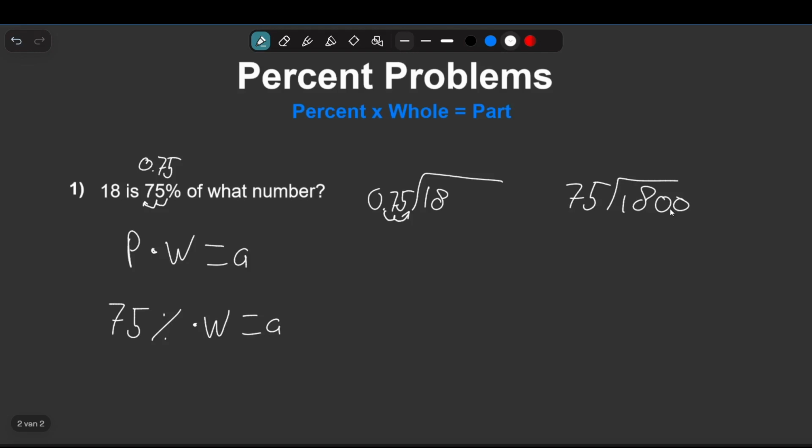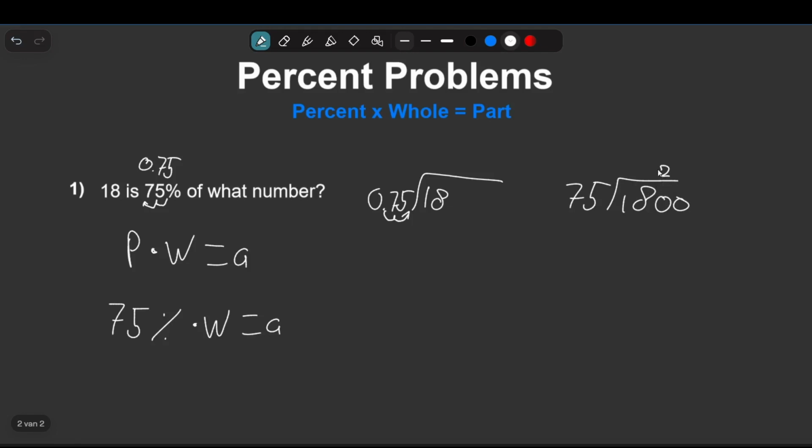First thing we're going to do is see how many times 75 fits into 180. 75 fits 2 times into 180, so we are going to write our 2 above our 180. Write your number at the correct spot because this will be very necessary for our final answer.